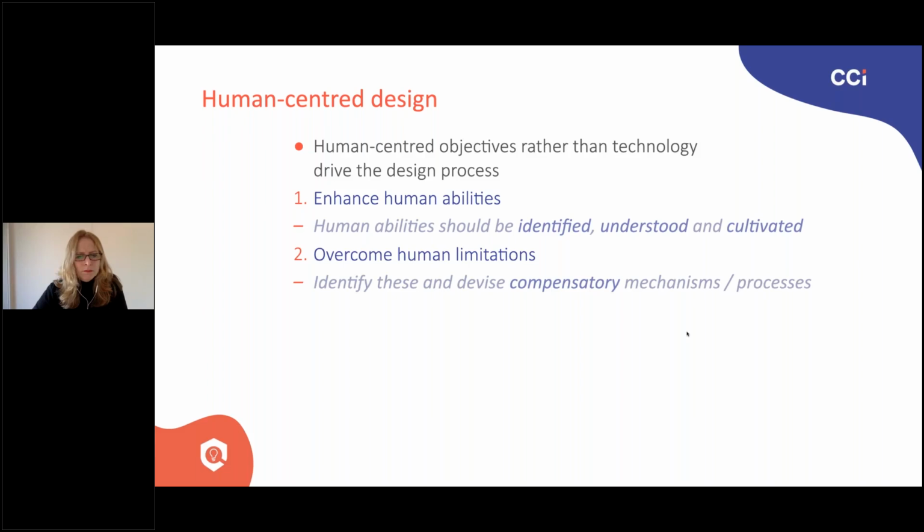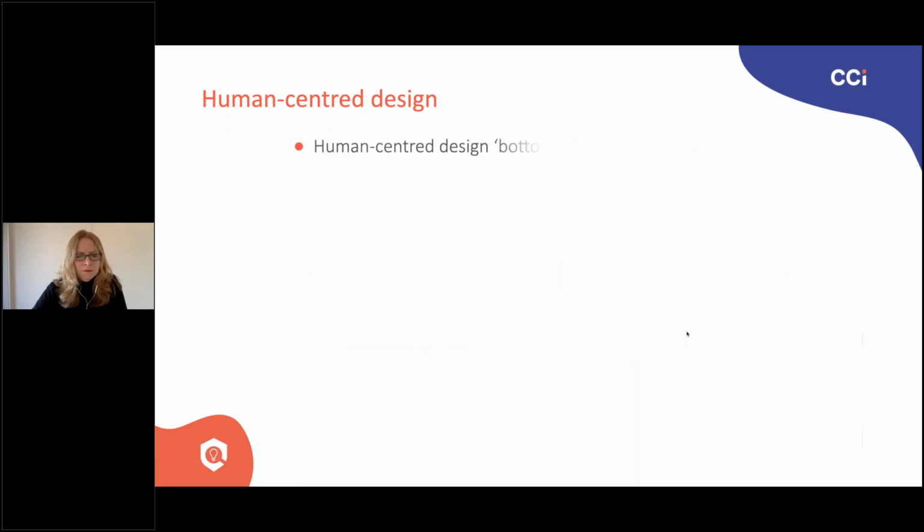So one of the very early computing compensatory mechanisms that was developed was the undo command, which, if you're like me, I'd probably use it hundreds of times a day. But that's a sort of limitation of humans compared with machines. We are error prone, therefore we have to design a mechanism to deal with that. And the third objective is to foster human acceptance, to understand and address preferences, concerns, and values.